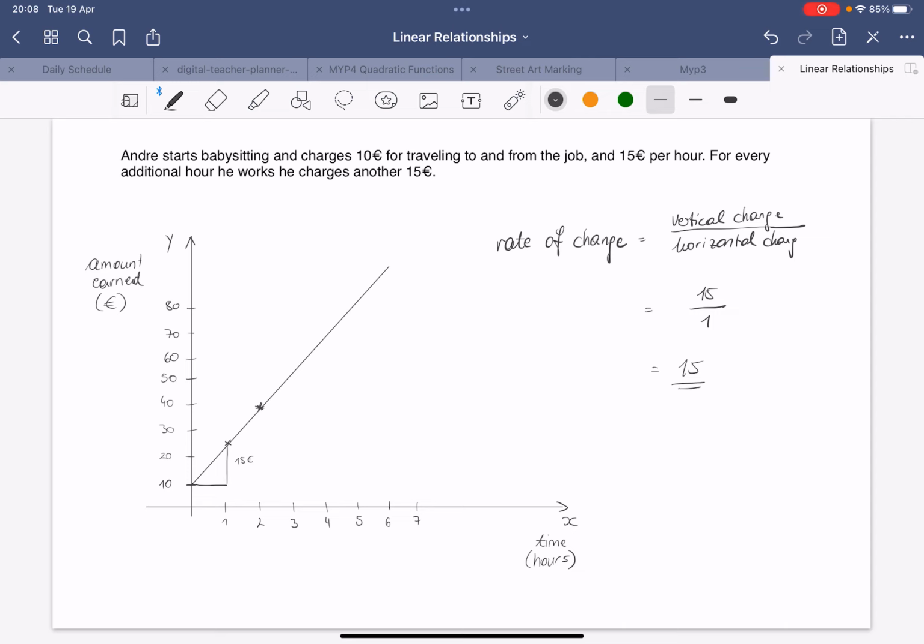Okay, so you can also say the rate of change is the same as the slope, gradient, which is the same thing, of the graph.